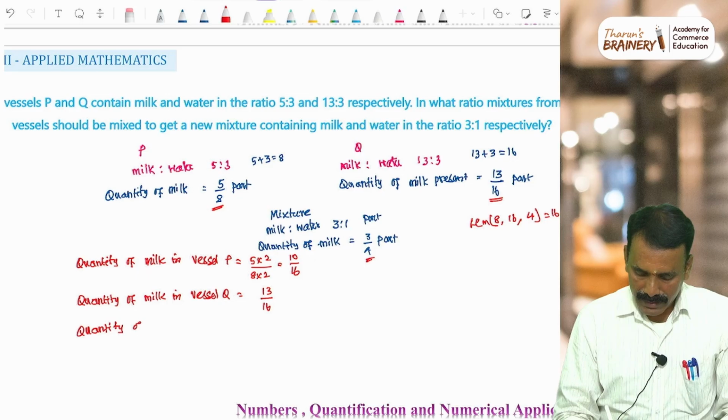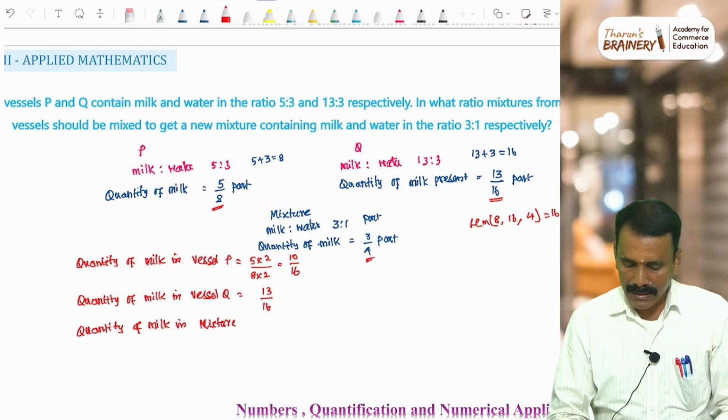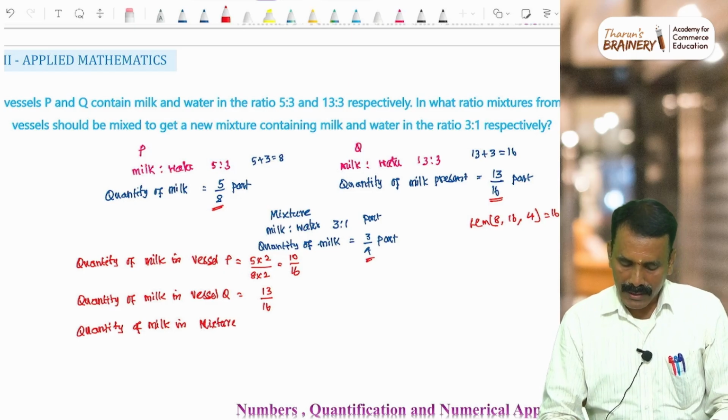And the quantity of milk in the mixture, we combined both the milk present in vessel P and vessel Q. It is given to be 3/4. So we multiply by 4 in both numerator and denominator. So we get the answer 12/16.